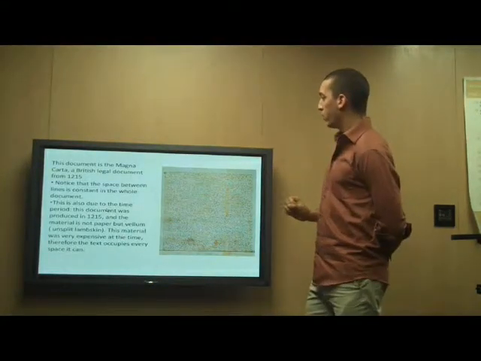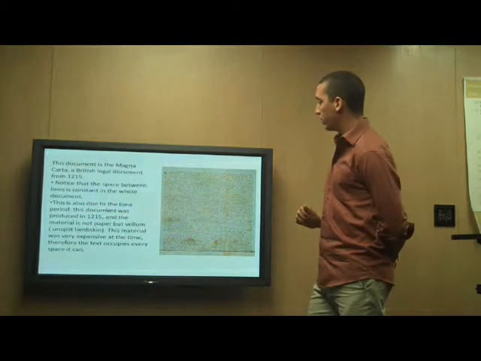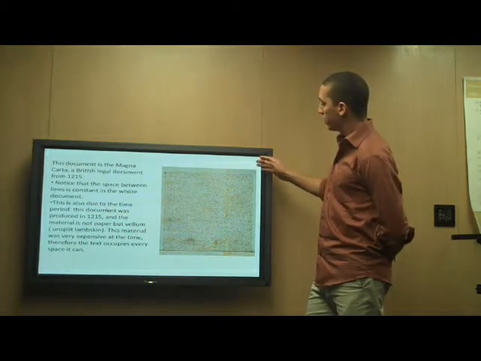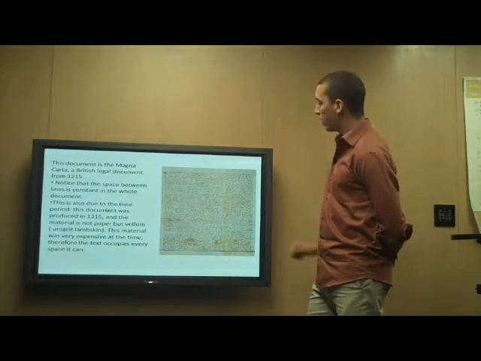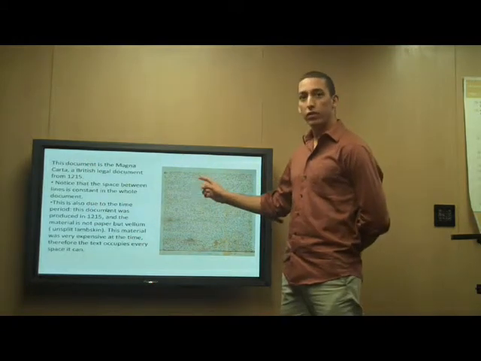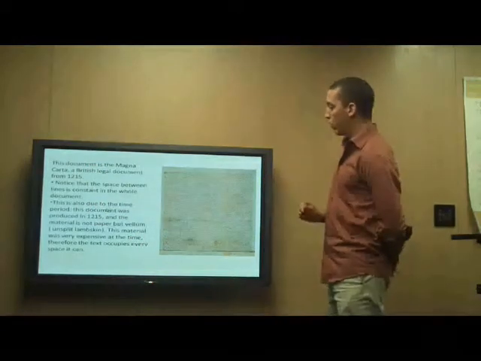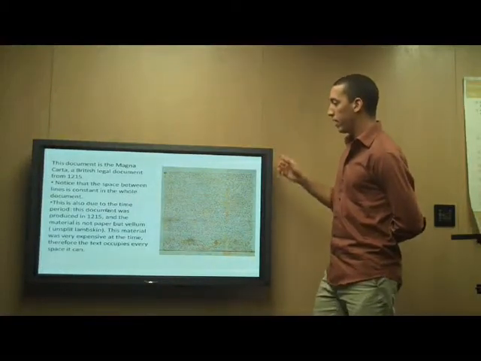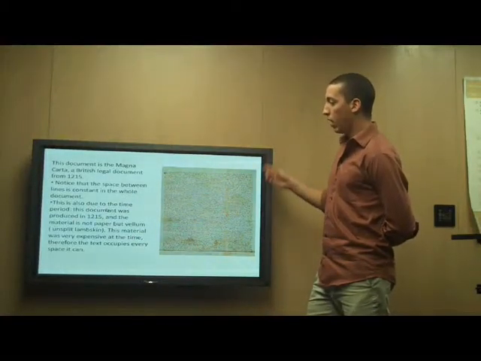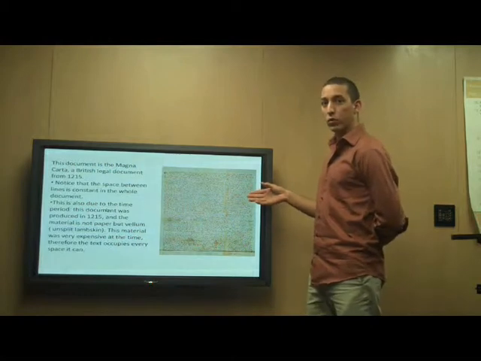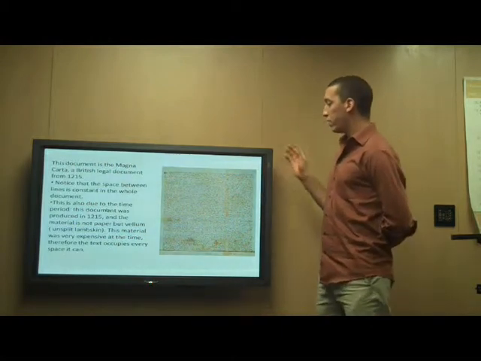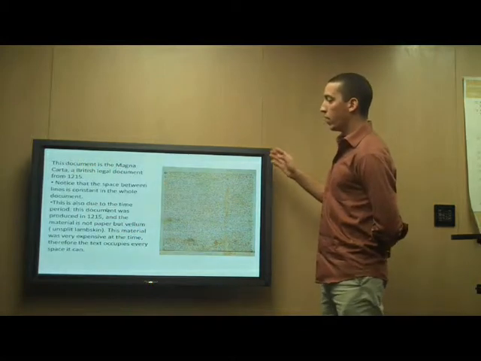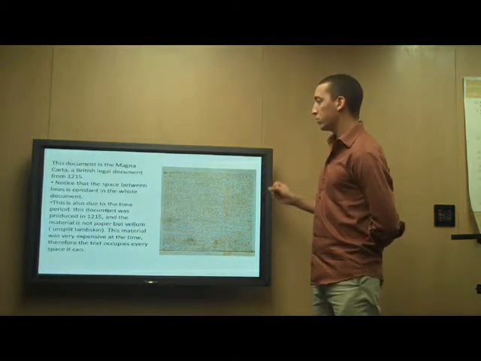In this one, which is a British legal document from the 1200s, we see that the line spacing is constant throughout the document, and also that the document is justified to the left and to the right, which would make us think that this author or scribe, who produced this document, was trying to get a document that was ordered and consistent.